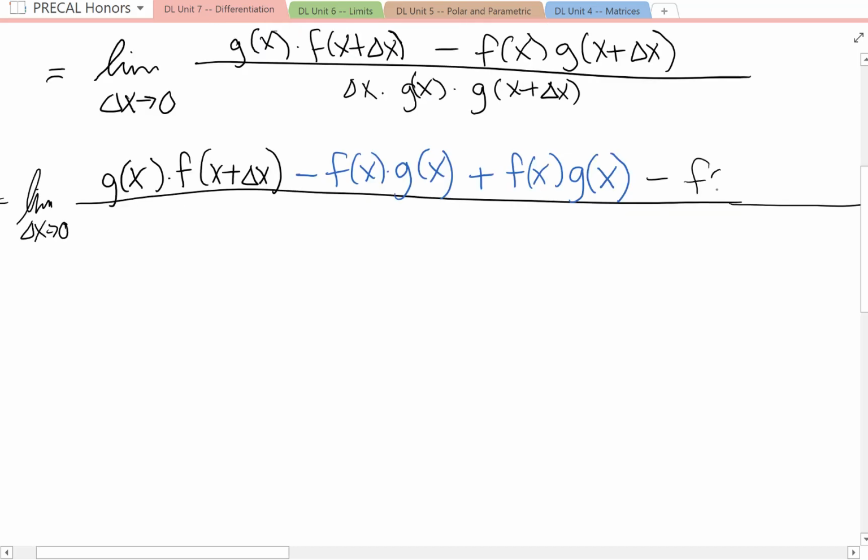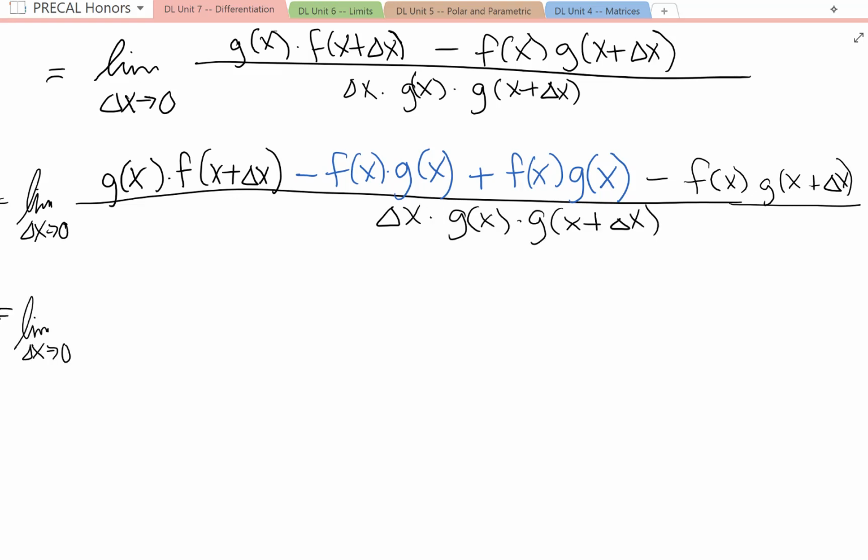We're still subtracting f of x times g of x plus delta x, and it's still all over this denominator. You may be able to somewhat recognize limit definitions in here, like f of x plus delta x minus f of x, and both of these terms are being multiplied by g of x.